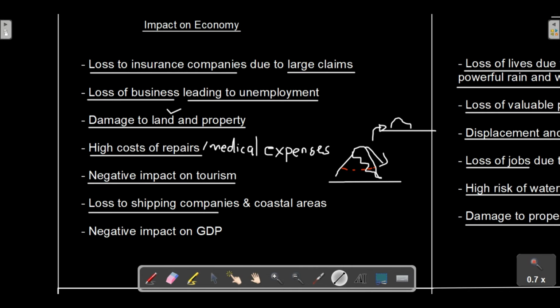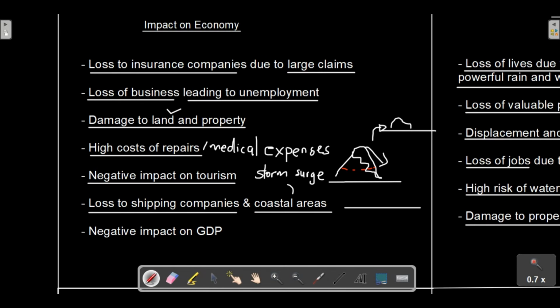There's loss to shipping companies and coastal areas. Okay, because coastal areas are low-lying areas, they really get affected easily. Okay, there's what we call a storm surge. So a storm surge is simply a huge bulge of ocean water.